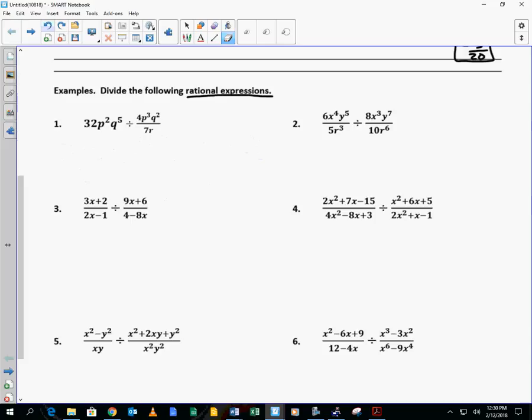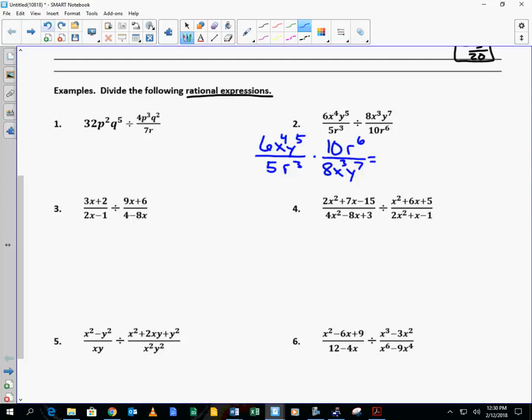Try our next one. 6x to the 4th, y to the 5th, over 5r cubed times 10r to the 6th over 8x cubed y to the 7th. Try to simplify some pieces here. The 6 over the 8, that reduces to 3 over 4.